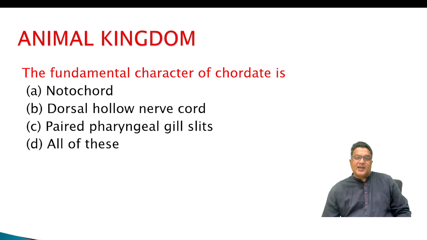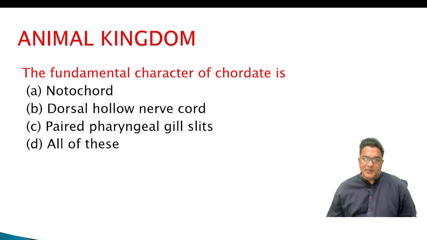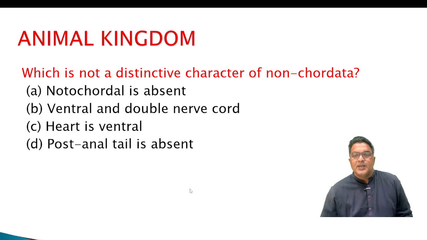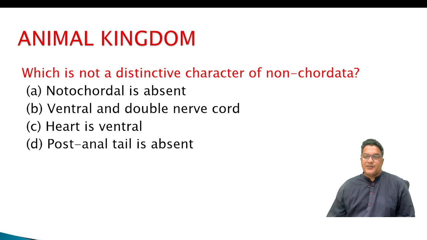Fundamental character of chordate is notochord, dorsal, hollow, tubular, single nerve cord, paired pharyngeal gill slits. All of these. Which is not a distinctive feature of non-chordata? Notochord is absent, ventral double notochord, heart is ventral, post-anal tail is absent.